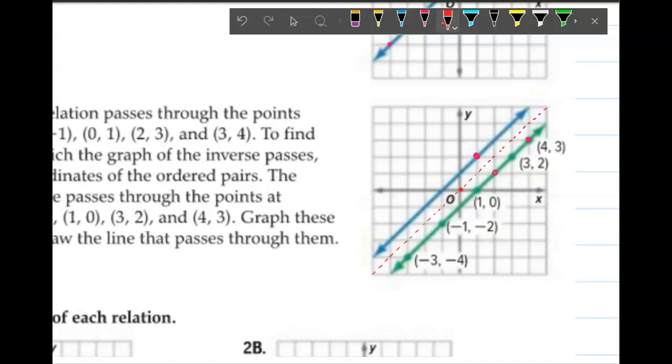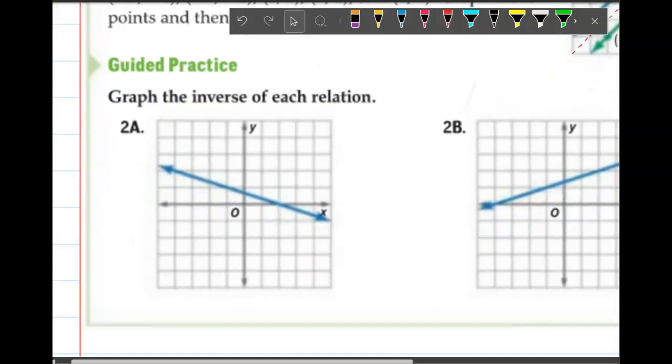The equation of this red dotted line is y equals, we're going up 1 over 1, so y equals 1x plus 0 because it goes through the origin. So we don't even really need the plus 0. This is the line y equals x. All lines that are reflected across the line y equals x will result in their inverse.